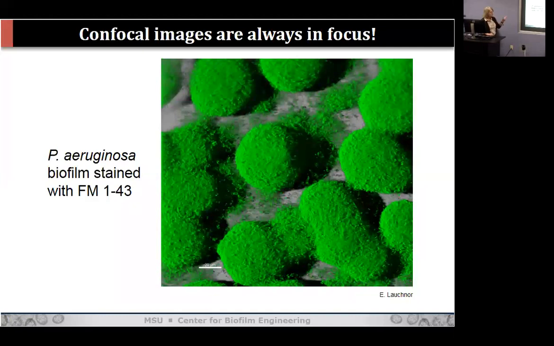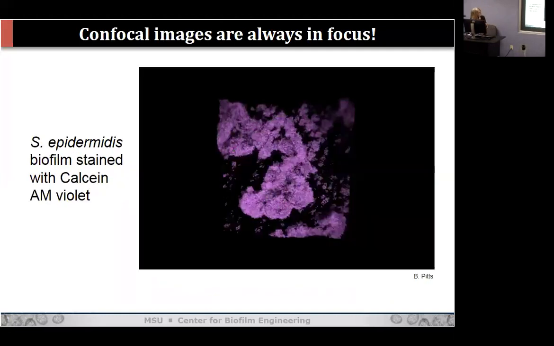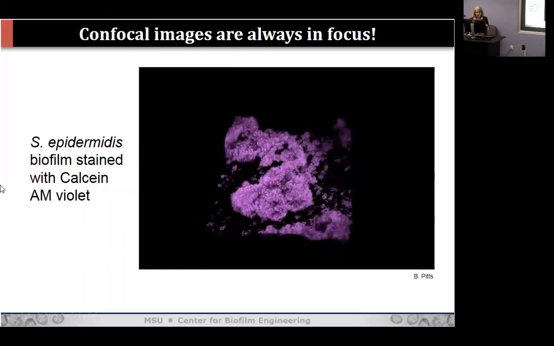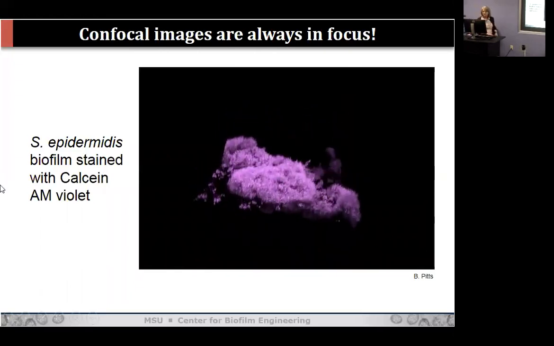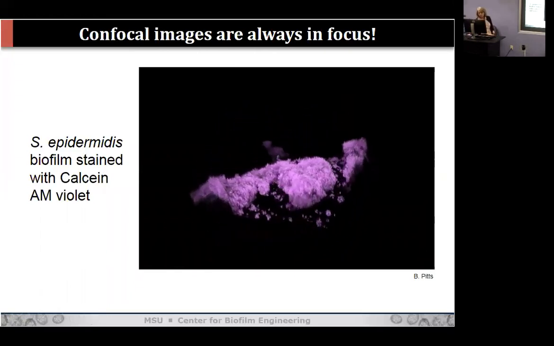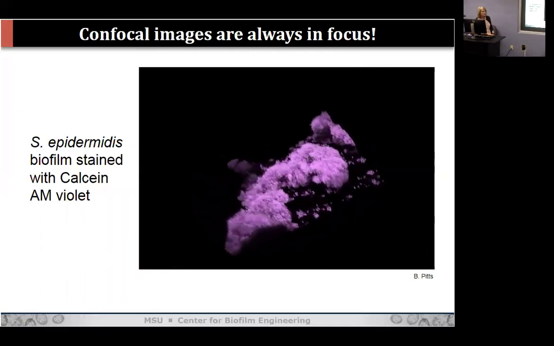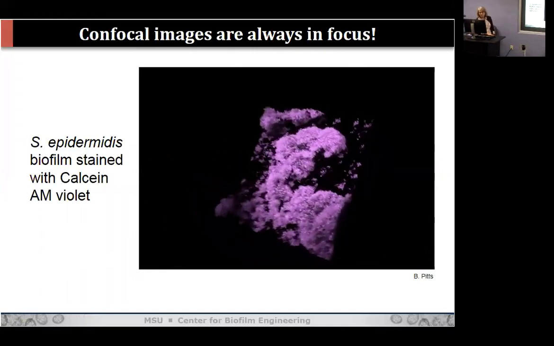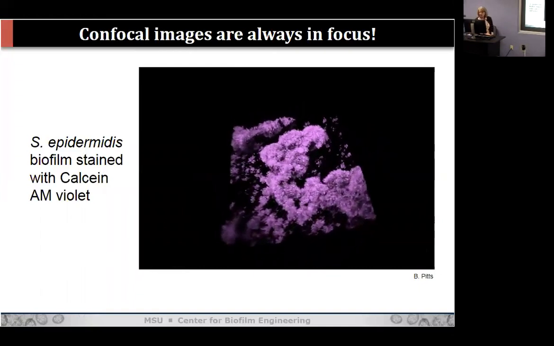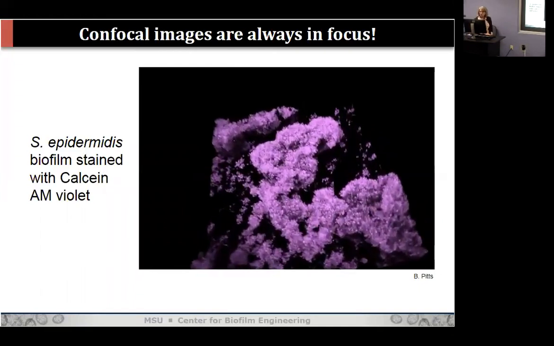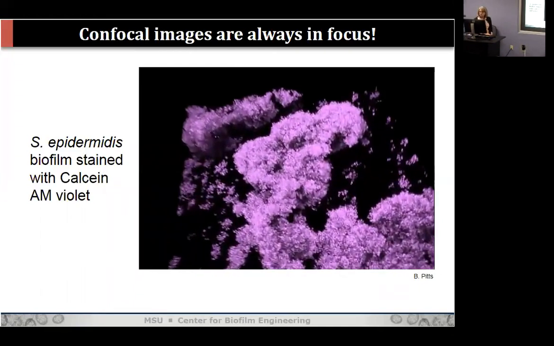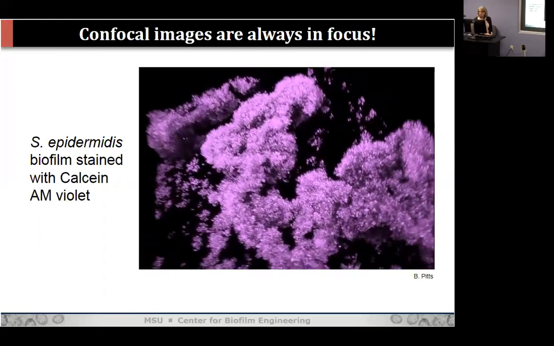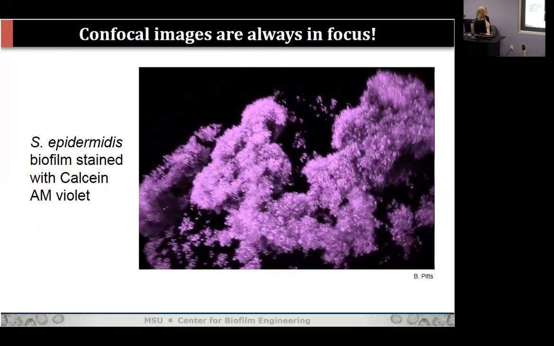So you should be able to spot these right away. And here's an example of the kind of movie we can make from a confocal image of a biofilm. The bacteria are about a micron in size, so you get an idea of our typical resolution. Which is pretty good.